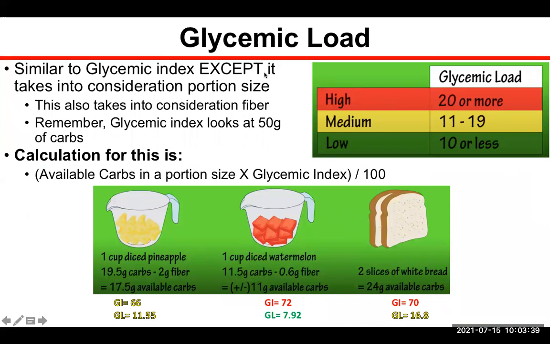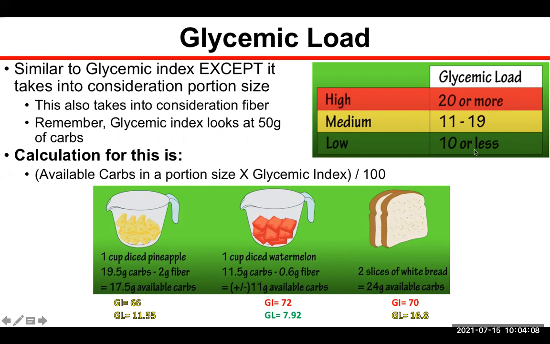And so the glycemic load basically fixes this a little bit by taking into consideration the portion size and the amount of carbs that are present. The way they do this is they take the amount of available carbs in a portion, subtract the amount of fiber that's present, multiply it by the glycemic index, and then divide that by 100 to get these different ranges.